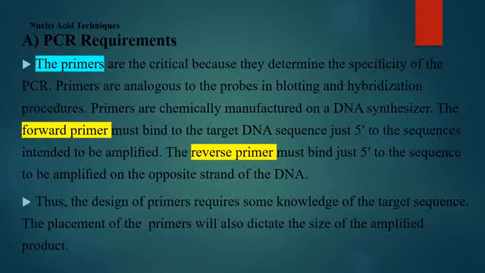So in designing the primer, there's the need to have a knowledge of the target sequence. You can't just produce the primer without knowing the target sequence. So there's the need to know how that target sequence is. For instance, if you want to find out about a particular bacteria or parasite, there's a particular portion of the parasite that is known, and that is where the primers are going to bind to.